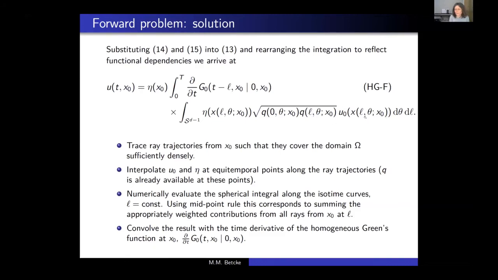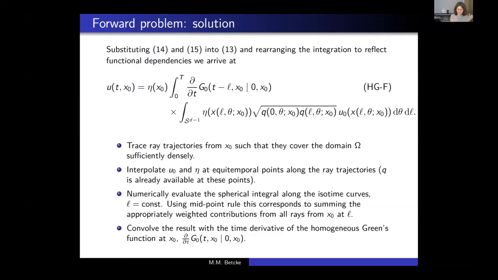I have to interpolate my initial pressure along the ray trajectory. So this all can be done. So I have this integration here, and this corresponds to integrating along the points that are equitemporal surfaces, which is what you do in photoacoustics.